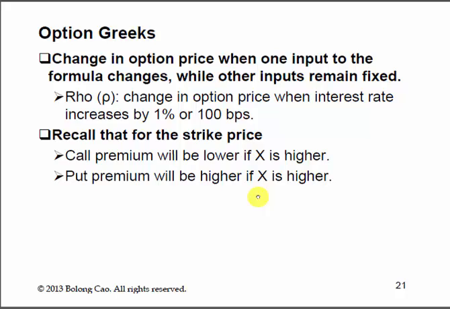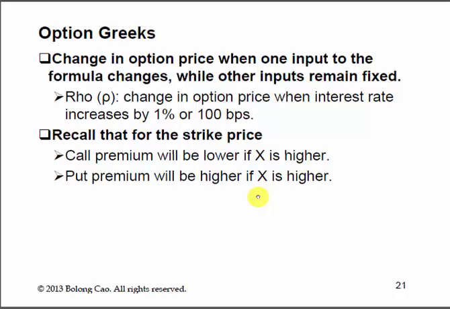In the following discussion, it's useful to recall that the call premium will be lower if the strike price is higher. Or say for a lower strike price, the call premium will be higher. You are entitled to buy something at a very low price. The put premium will be higher if the strike price is higher.